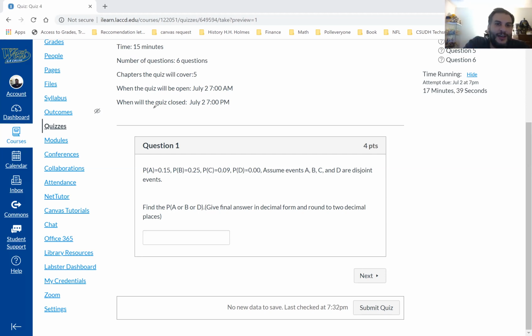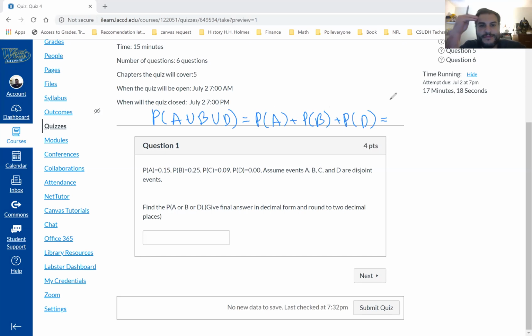So if I want to find the probability of A or B or D, all I have to do is get the probability of A, add it to the probability of B, and lastly add it to the probability of getting D. So all you have to do is add these individual probabilities.